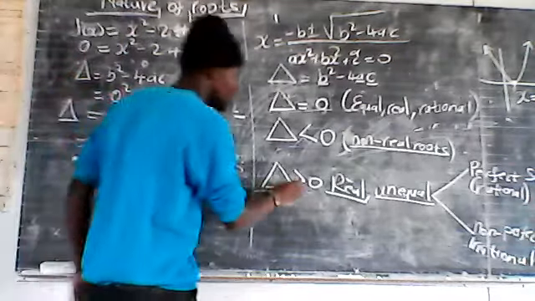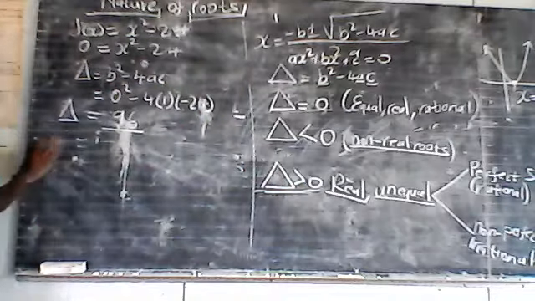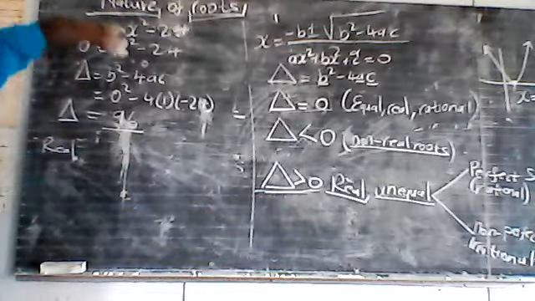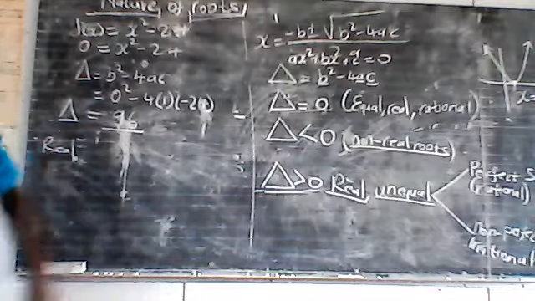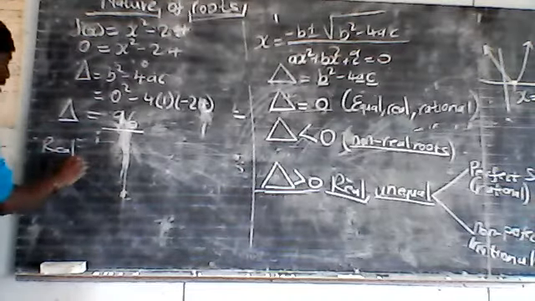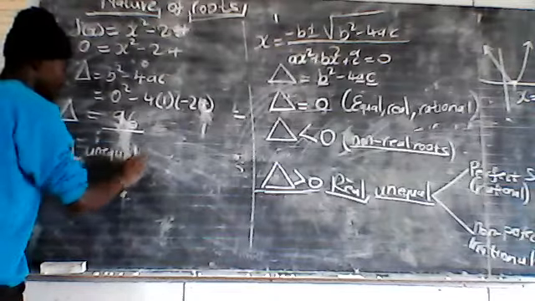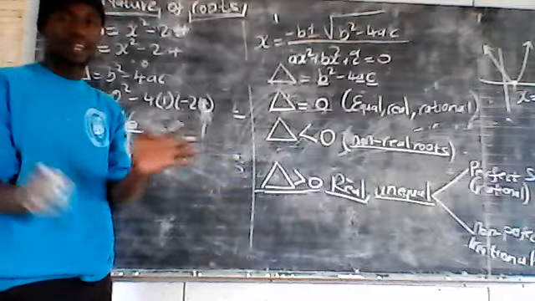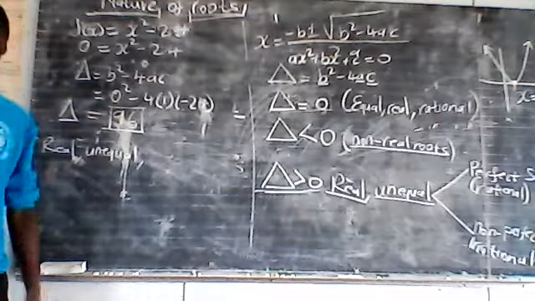From that, you deduce that when your delta is greater than 0, you will have real roots. If you were to calculate the x, they actually work out and you come with an answer. What else can you deduce? You deduce that your roots will be unequal. And then the last part, to determine whether they are rational or irrational, take that 96 and put it under a square root.